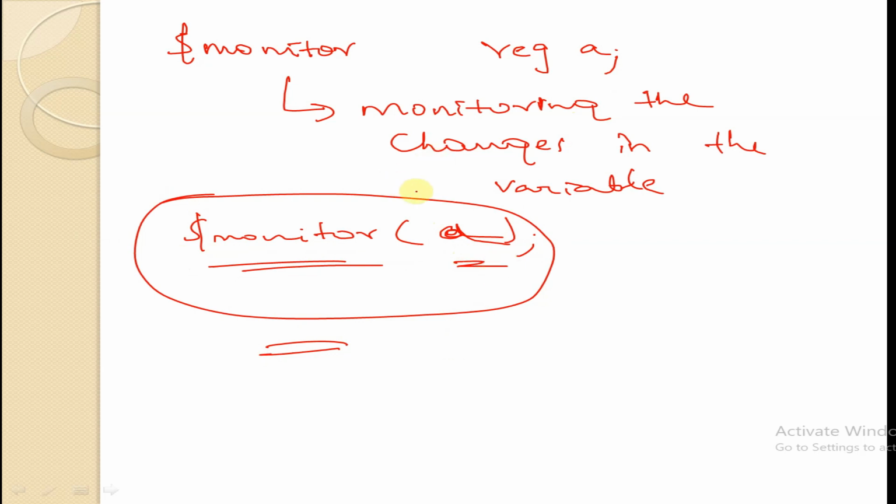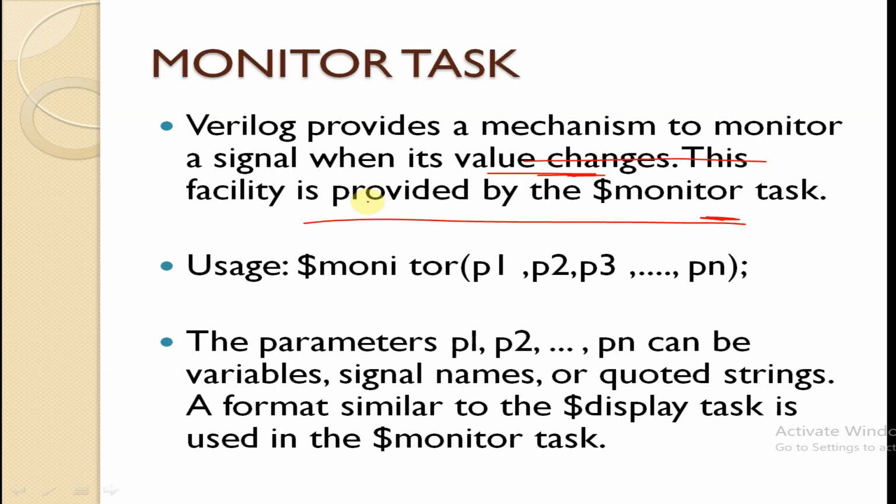There is a lot more to discuss about $display and $monitor. This is just the basics of these system tasks. So here $monitor p1, p2, p3, where p1, p2, and so on up to pn can be variables, signal names, or quoted strings, and the format is similar to the $display task.